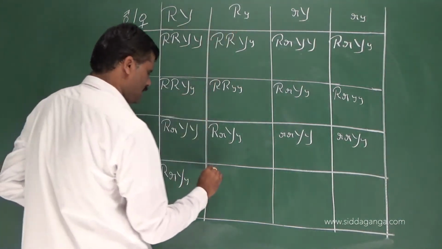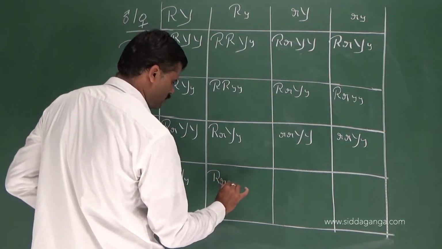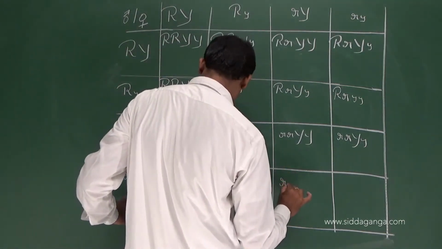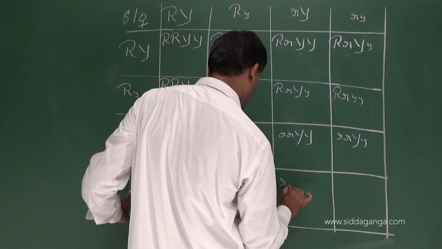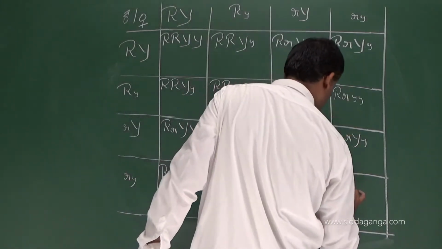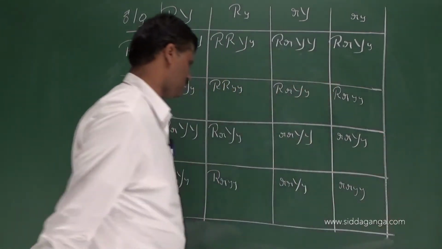Next, capital R, small y, capital R, small r, capital Y, small y. Next, small r, small y, right?